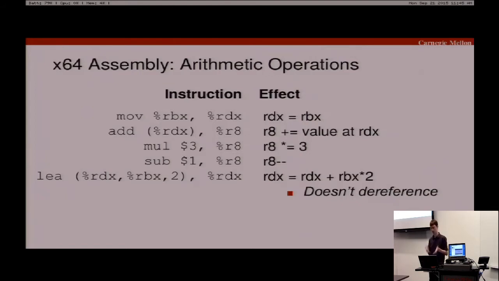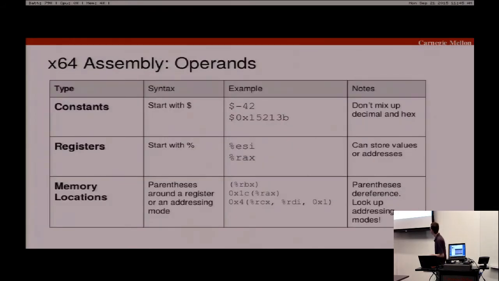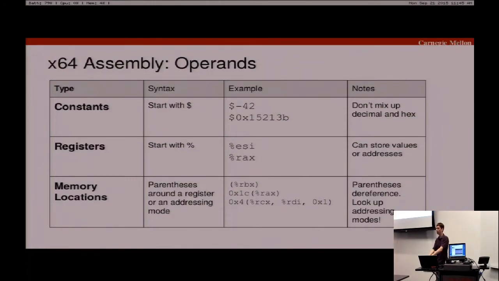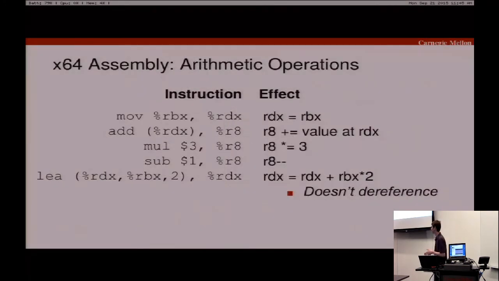So it just gets you the address from this computation. So back here when we had something like this, we'd be doing math with RCX and RDI and some constants, and then once we got an address from that, we'd actually go to that location, and that's the value of this expression. In the case of just load effective address, all it does is get that address. It doesn't go and get the value at that address. Okay. Any other questions?